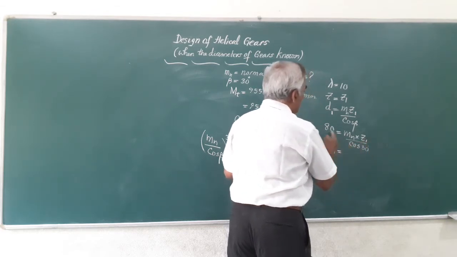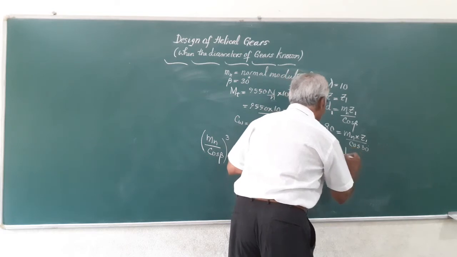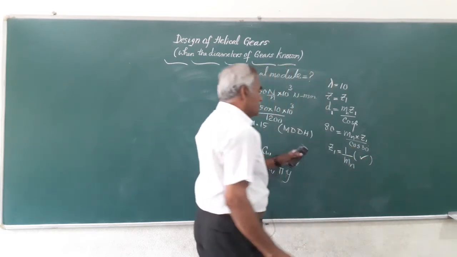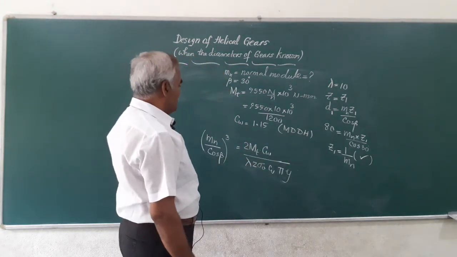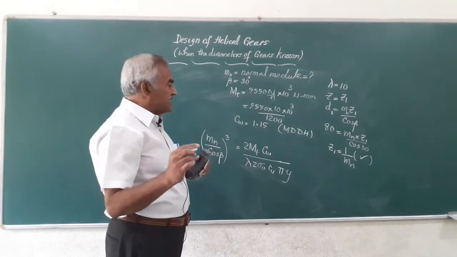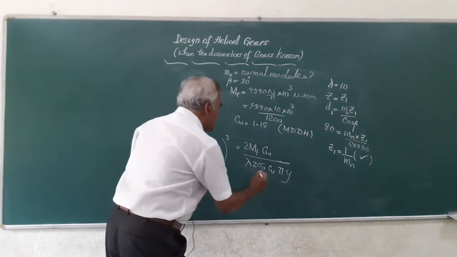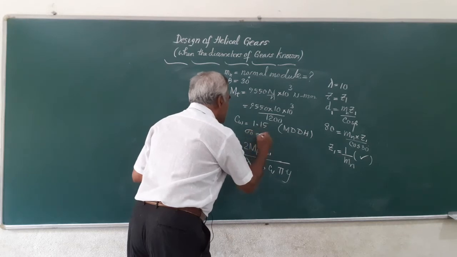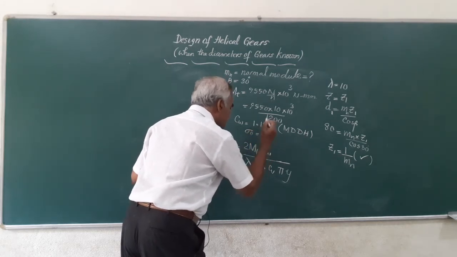Z1 will be 1 by Mn into some known numerical value. If you simplify, you will get like that. Friends, then you have this sigma naught, the static stress for the weaker member, which is 103 Newton per mm square.